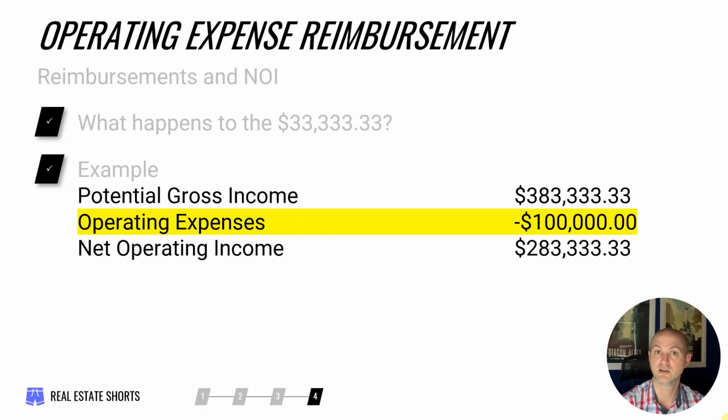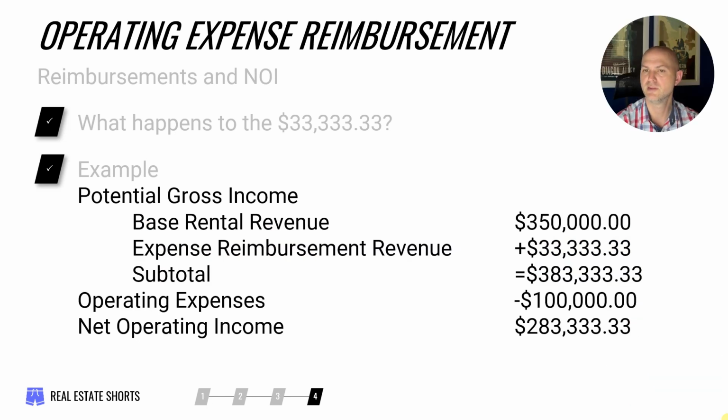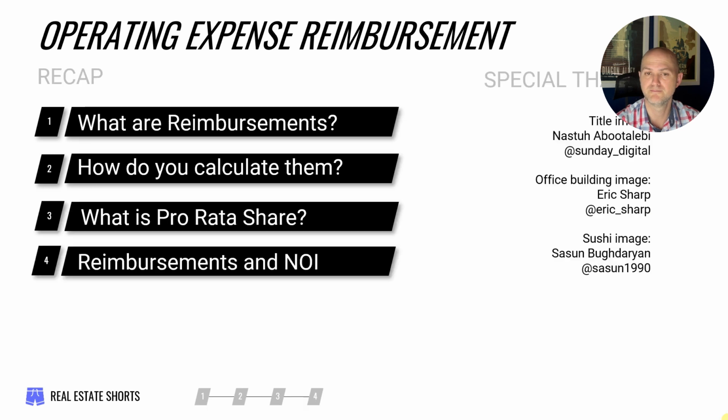So you get to collect $33,000, but you still had to spend the full $100,000. So globally you'll have the $33,000 of reimbursement revenue, but you'll still have the $100,000 of operating expense, resulting in a slightly higher NOI if it was a gross lease.